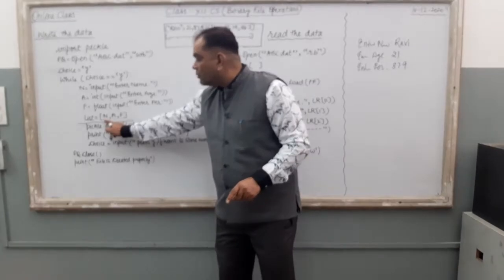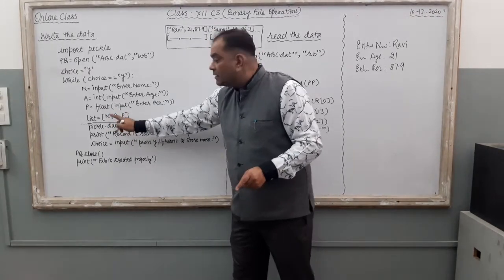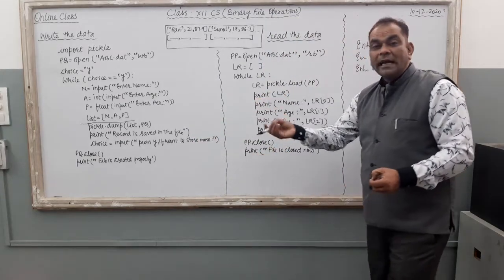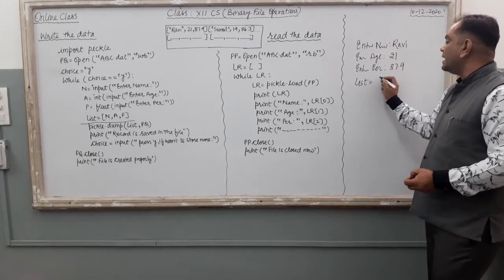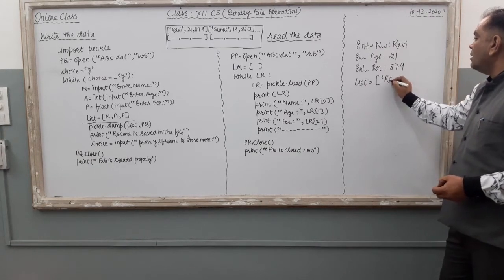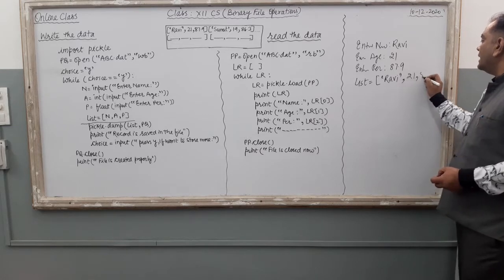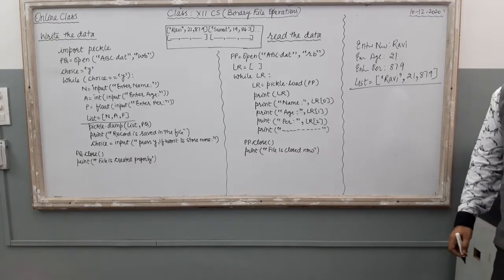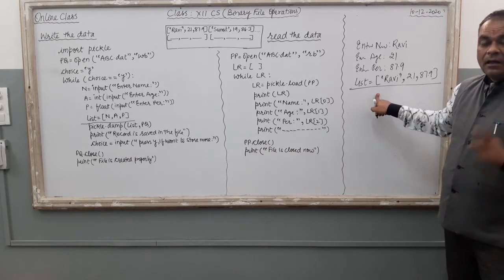Very first, the computer is going to paste the value of variable n, then the value of variable a, then the value of variable p. If you want to see what is there in the list variable, it is created like this: list = ["Ravi", 21, 87.9]. The first data element, then 21, then 87.9. It is there in the list variable. Right? Now it is a single object.